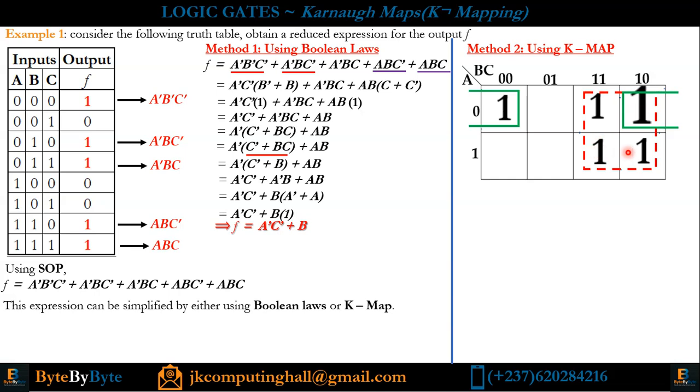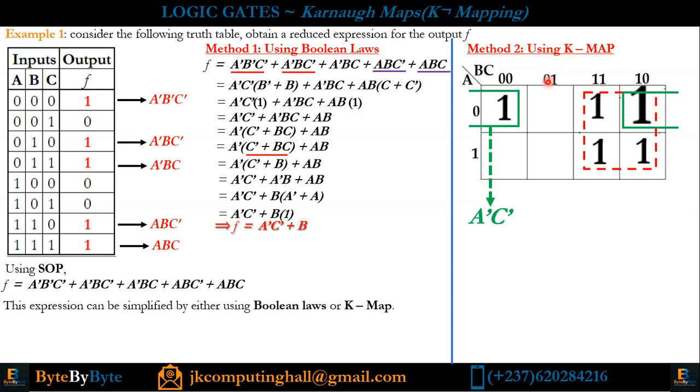Same thing for this one and this one. From this input to this input, C is changing because C leaves from 1 and it becomes 0. So for this red, A is changing and C is changing, and we are left only with B. And what is the value of B? B is 1. So this red rectangle gives us B.